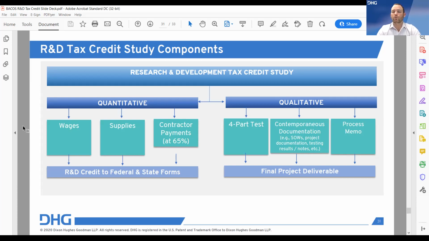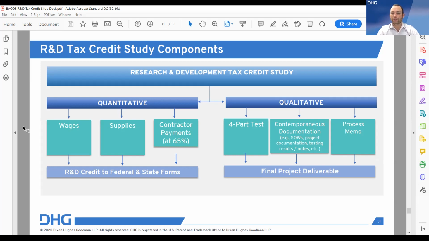You might also request and organize and review some contemporaneous records, artifacts, documentation to help build that out and help support that four-part test. Then we'll also have an overall project deliverable, which may include some guidance with respect to the R&D credit rules, a process memorandum, which outlines the process that we go through in helping to identify where the qualified work takes place, helping quantify those expenditures, who we interviewed, what the project looked like, how it all got put together.